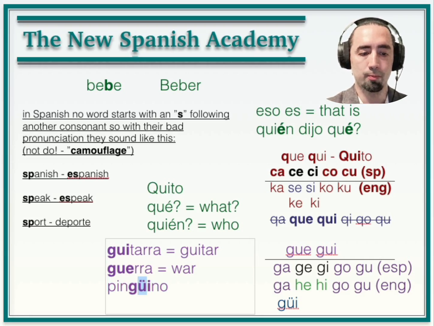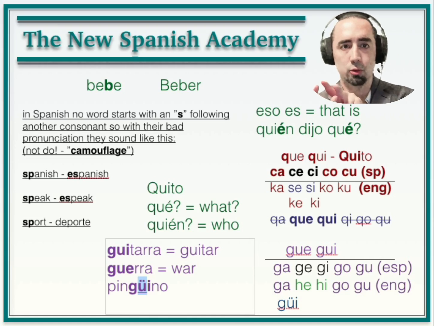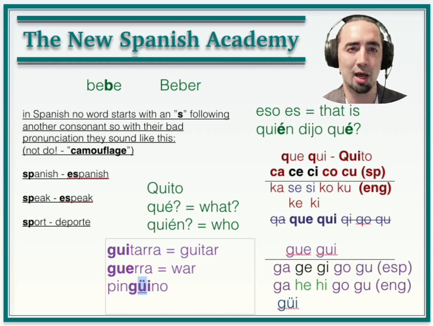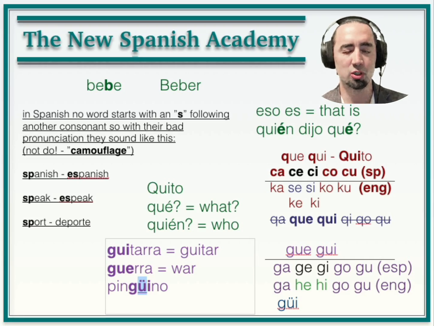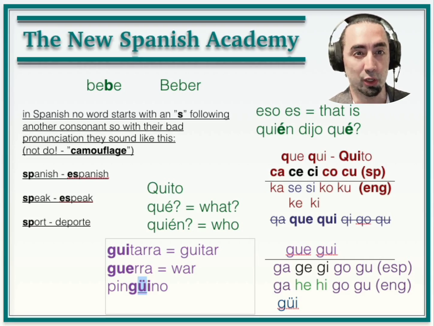And to say gui, what you do is you add two dots on the U, and it becomes güi, pingüino. Now, this is called the umlaut, or in Spanish, the diéresis. But it's almost not used at all in Spanish. Alright, just one or two words. But the example is pingüino.